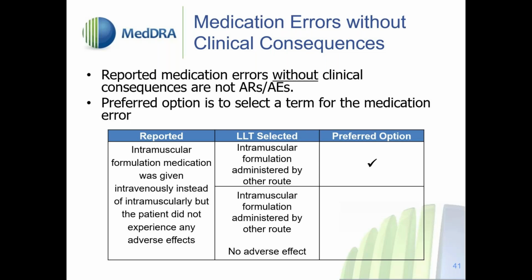There are organizations where capturing the fact that there's no adverse effect is really important. So think, for example, poison control centers. If they report exposure, then part of their protocol is to decide or click whether or not there was a clinical consequence. So for those kinds of situations, capturing an LLT for no adverse effect is important.